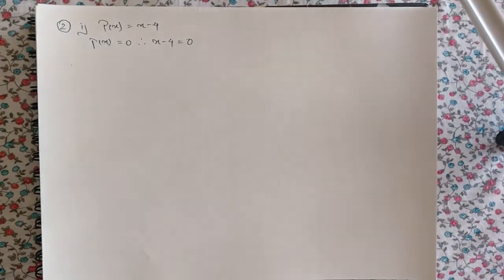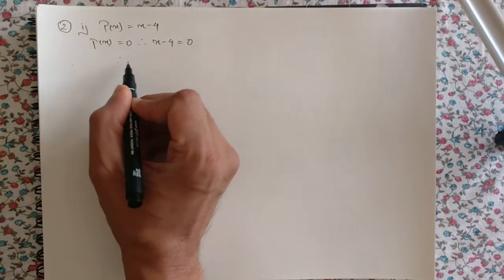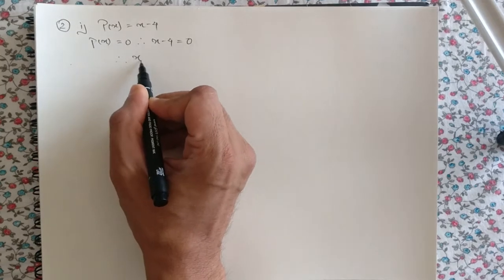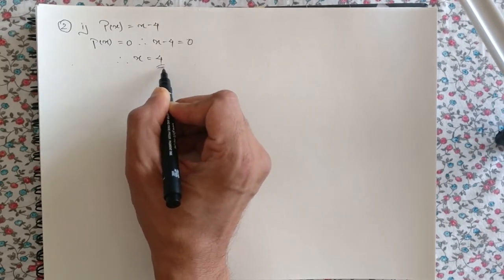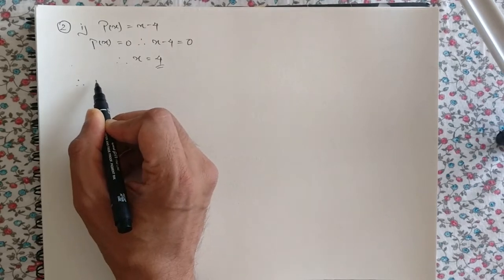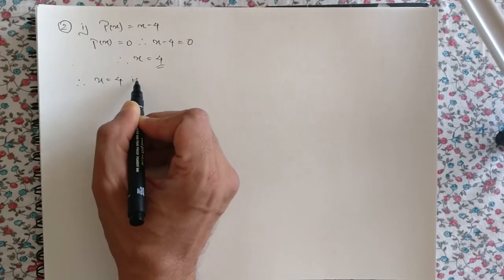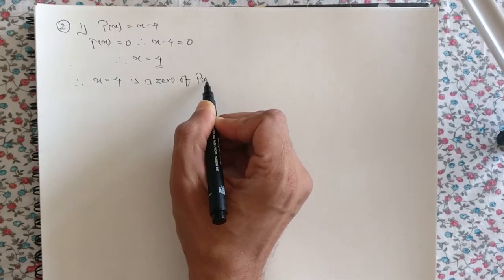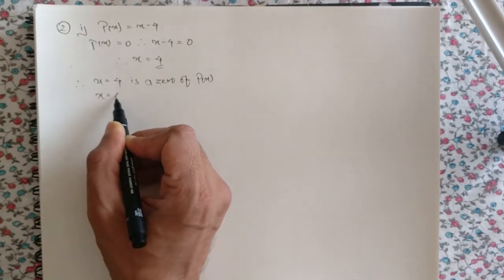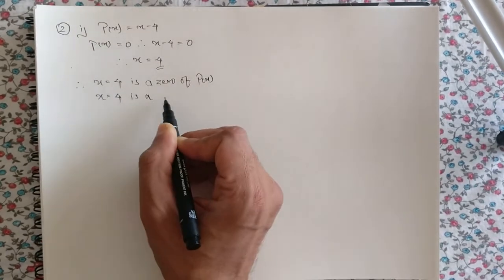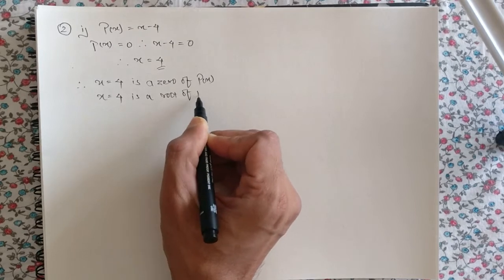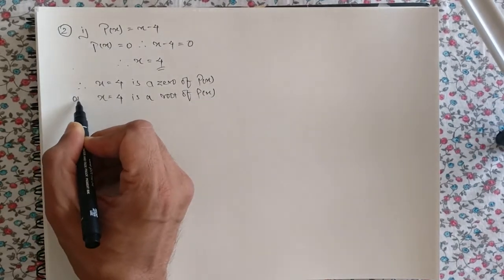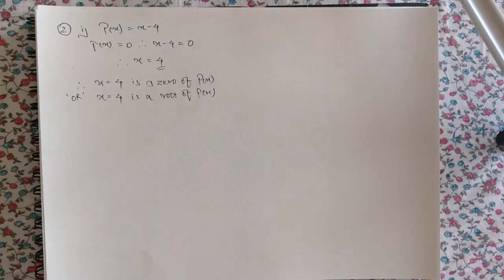You equated p of x with 0, so x minus 4 is 0, and therefore you shift 4 to the other side, so x is equal to 4. Therefore x is equal to 4 is a 0 of p of x, or you can write it as x is equal to 4 is a root of p of x, right? So this is the way you solve for zeros.